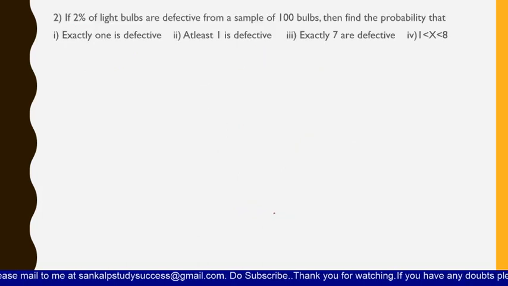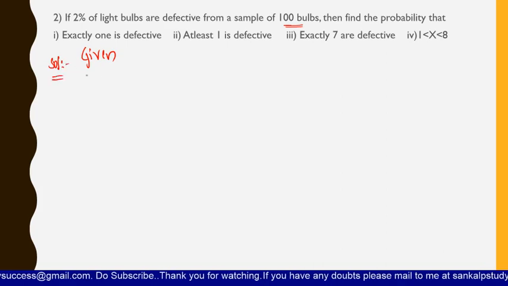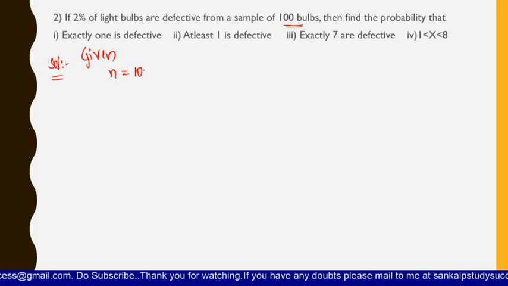So now let us see one more problem, which is if 2% of light bulbs are defective from a sample of 100 bulbs. That means what? Let us write the given information, solution. Given information is n equals 100 bulbs. 100 bulbs are given and out of 100 bulbs only 2% of light bulbs are defective.